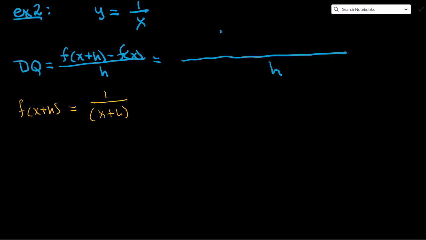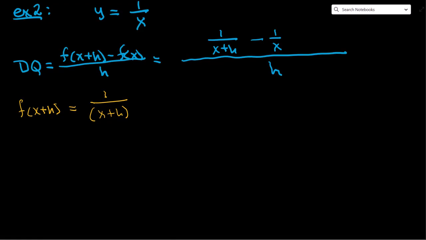We're going to have 1 over x plus h minus. Normally we would go with f of x. In fact, right here it is. See it? But f of x is just another way of saying, hey, put in whatever y is. Well, okay, y is going to be 1 over x.